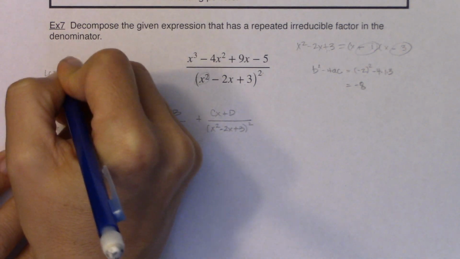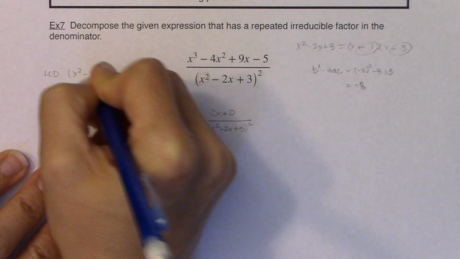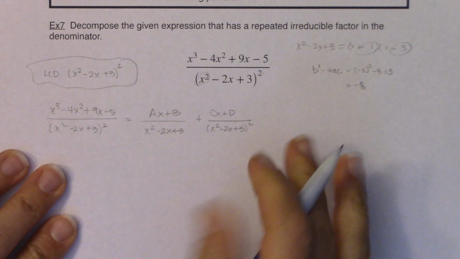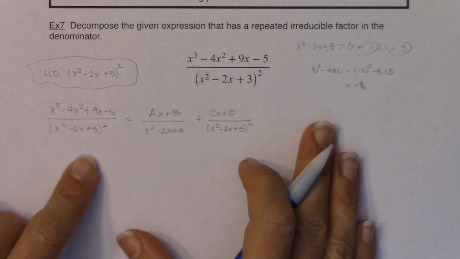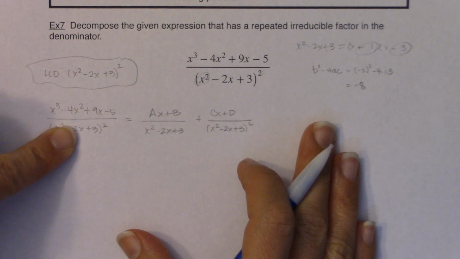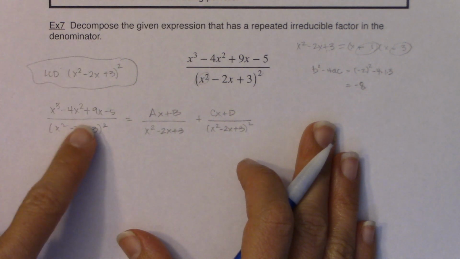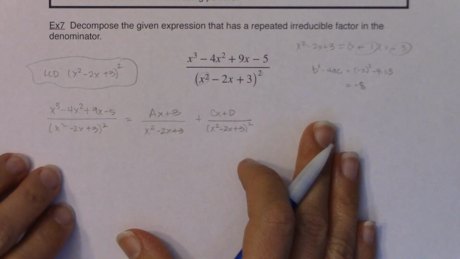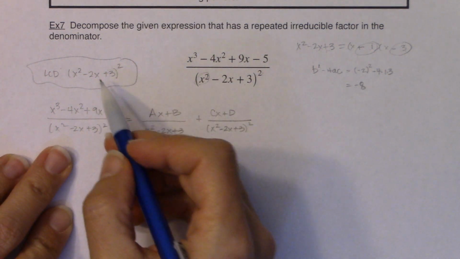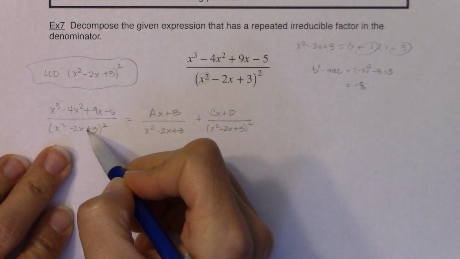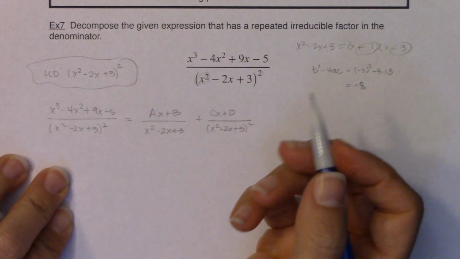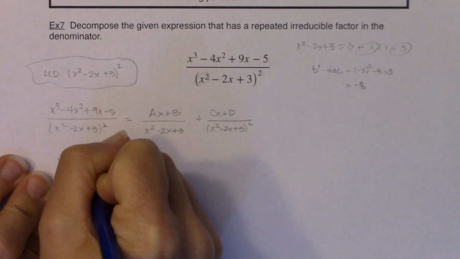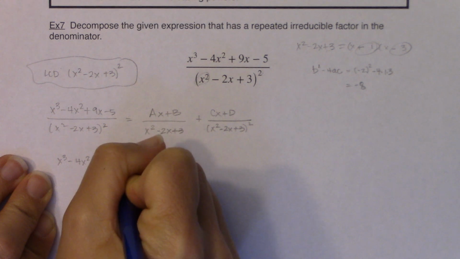So my LCD is going to be x squared minus 2x plus 3 squared. I've gone through a good chunk of examples at this point, so I'm just going to talk about it: I'm going to multiply the LCD to this expression on the left, this expression in the middle, and this expression on the right. When I multiply this LCD to this entire fraction, the denominators cancel out, so I'm ultimately going to have x cubed minus 4x squared plus 9x minus 5.